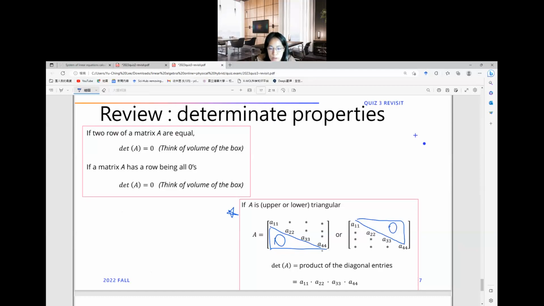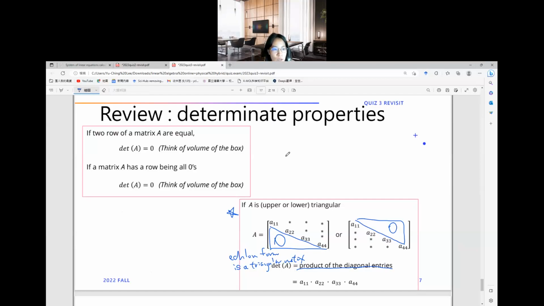Then the determinant of such a triangular matrix can be computed easily as the product of the diagonal entries. So that's why we are interested in finding the echelon form, right? An echelon form is usually an upper triangular matrix, so the determinant of an echelon form is easy to find.